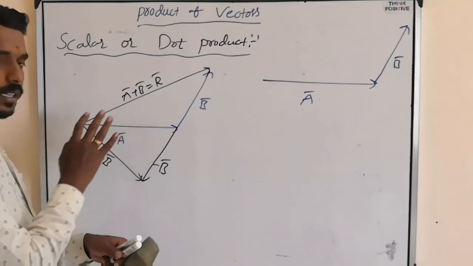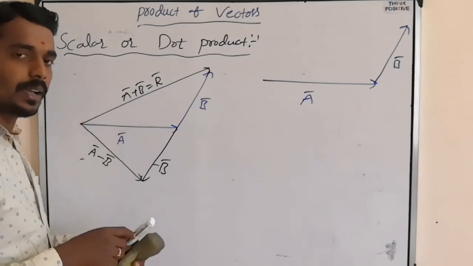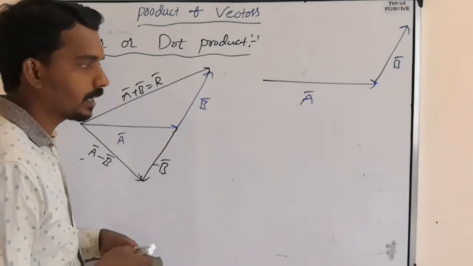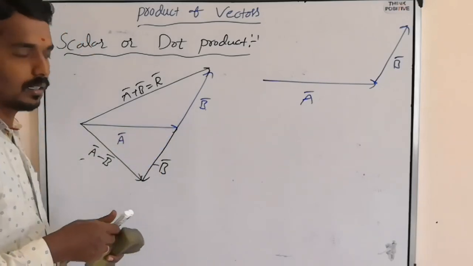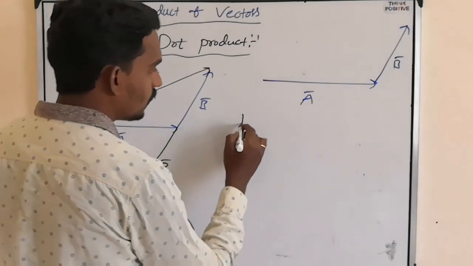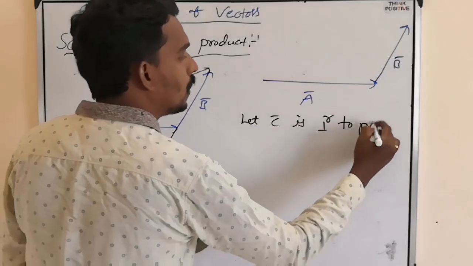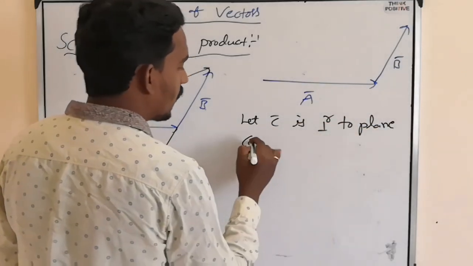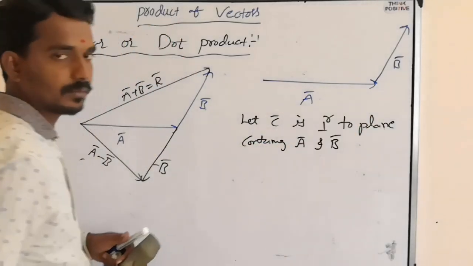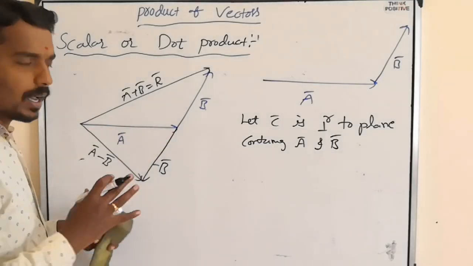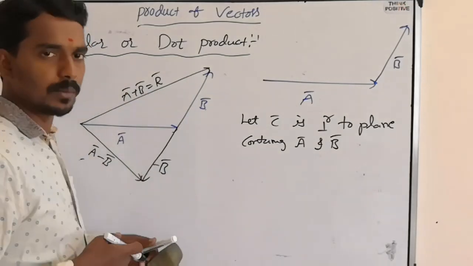So here, if you take any vector perpendicular to the plane of A bar and B bar, let's take C bar perpendicular to the plane containing A bar and B bar. Suppose A bar and B bar are in the xy plane, then Z is perpendicular to the xy plane.